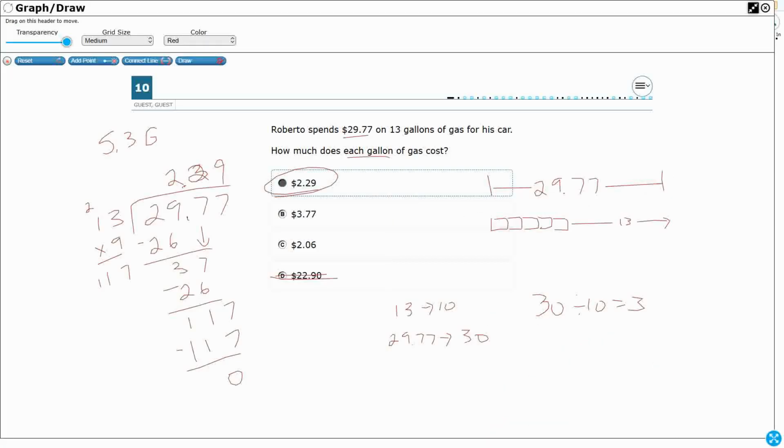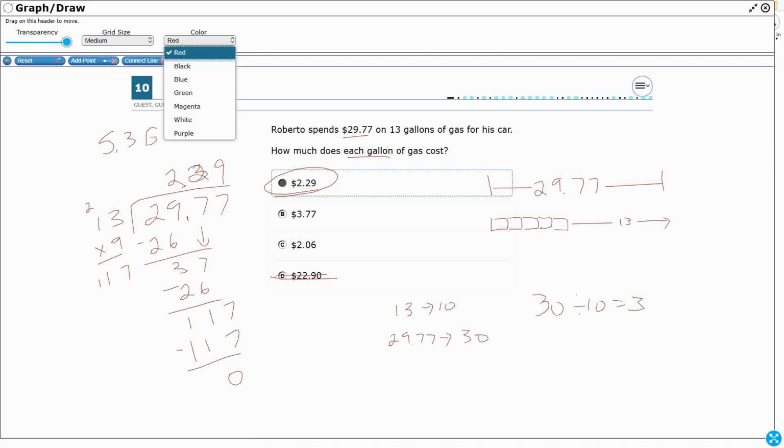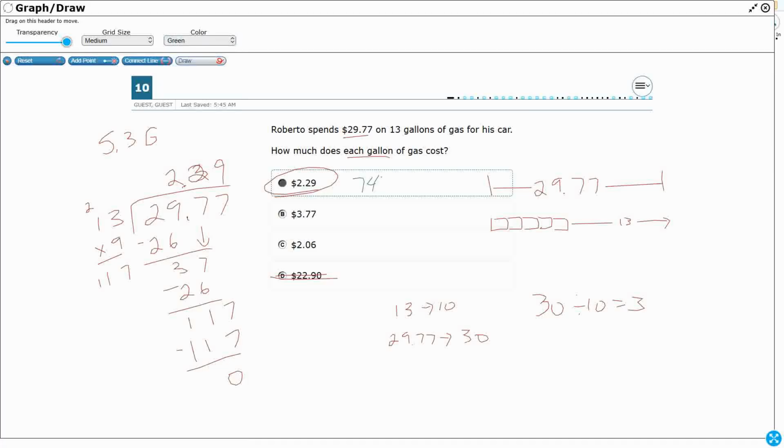Now, we did fairly well on this one. 74% of our students, 74%, that's fantastic. Got that one correct. 10%, and these other ones just either guessed or made a mistake with standard algorithm. Actually, look at D right here.